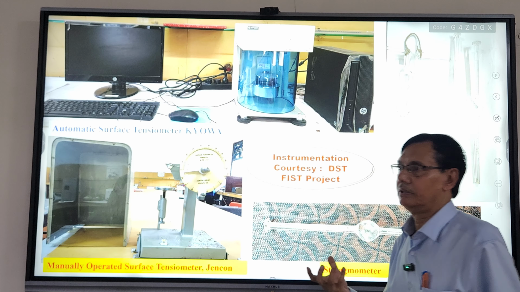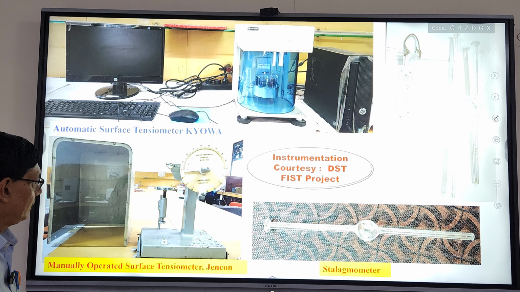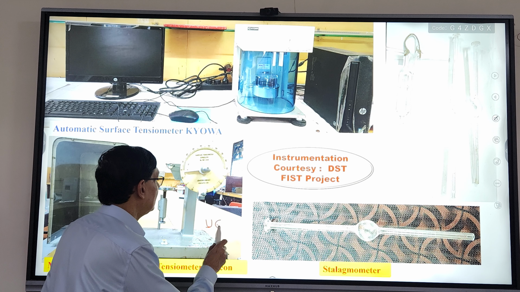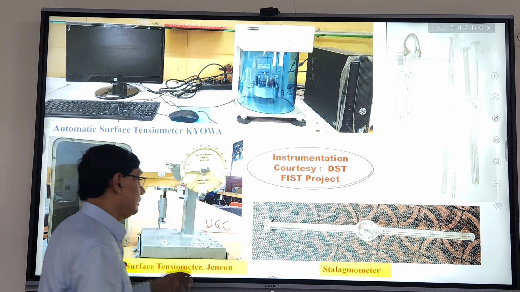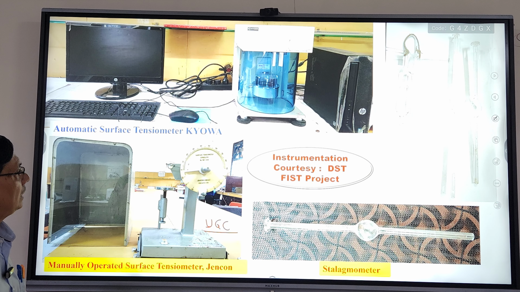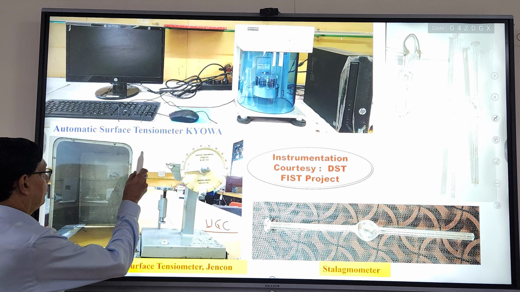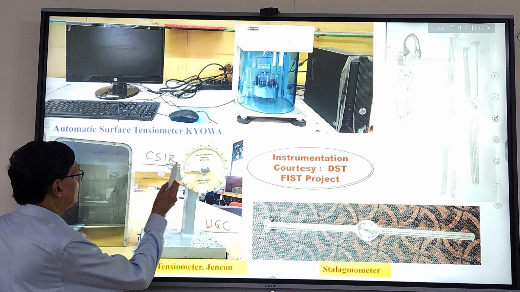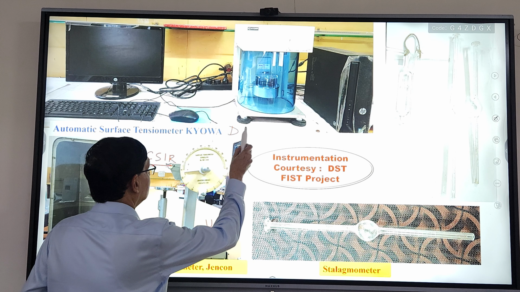And that is another type of instrument. It is a manually operated surface tensiometer, GenCon. I purchased it, I think, from a UGC grant. And another is the same model, but an automatic model, which I purchased from the CSIR project grant. And it is DST FIST.